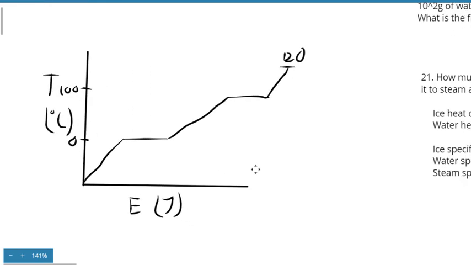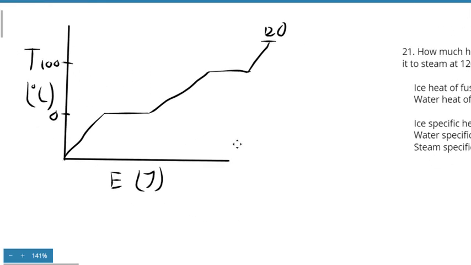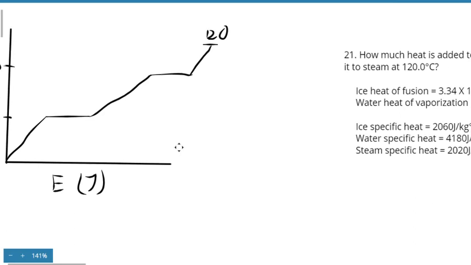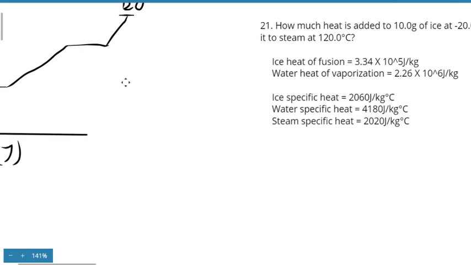So to find this, we need to use the formula E equals mc delta T. Since we have the specific heat and also the change in temperature and also the mass.